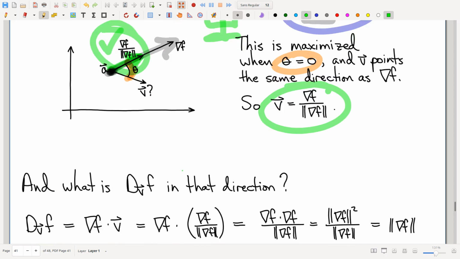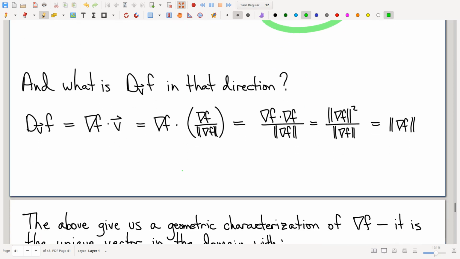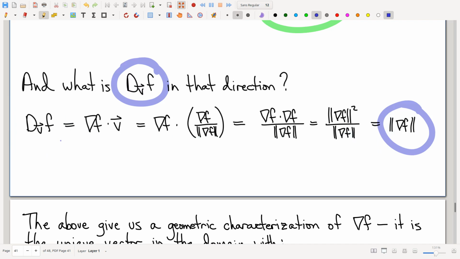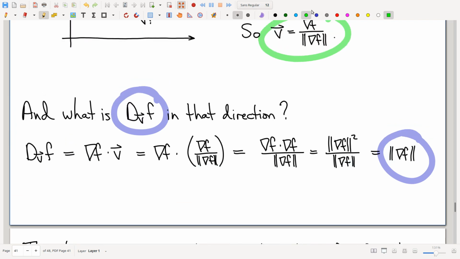Okay, now how fast is the function increasing as you go in that direction, right? What is this optimal directional derivative? Well, again, calculation can allow us to come up with what the answer is. And the way we do this calculation is to recognize that we have a formula for our vector v.